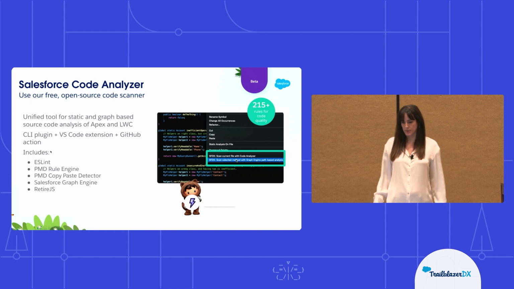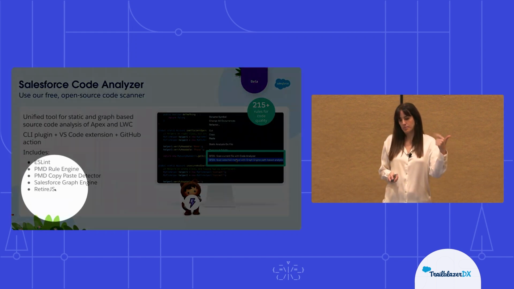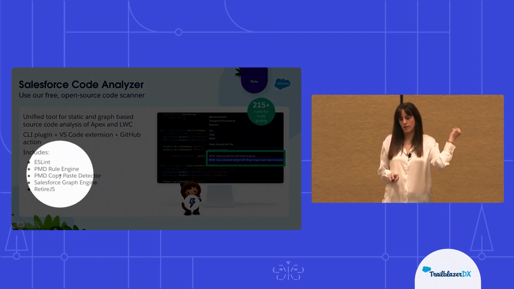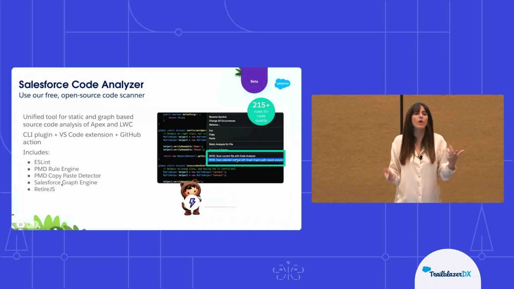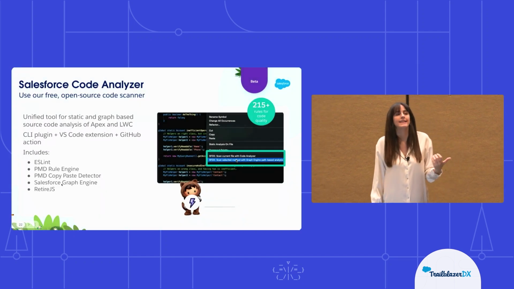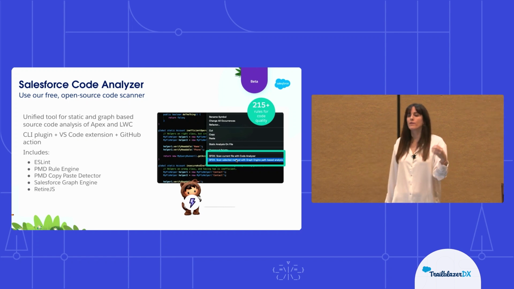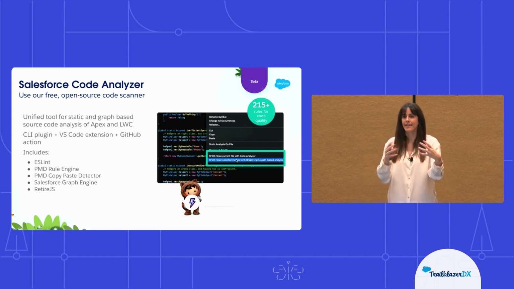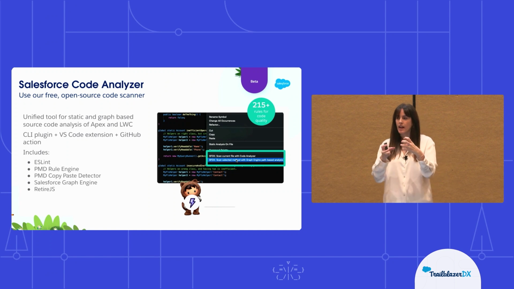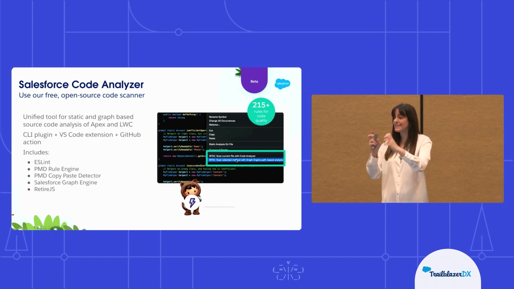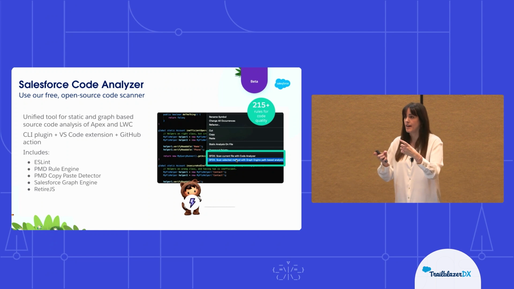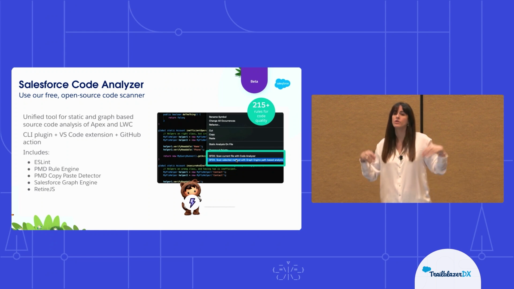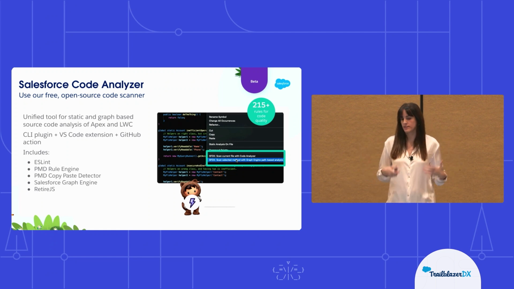in your CI jobs. It includes ESLint and PMD, the two libraries that we saw before, but it also includes something called Salesforce Graph Engine, which improves the results and recommendations that it gives, because it's not only doing static analysis, but also taking a look at how your classes relate to each other and using that information to give you insights and warnings.